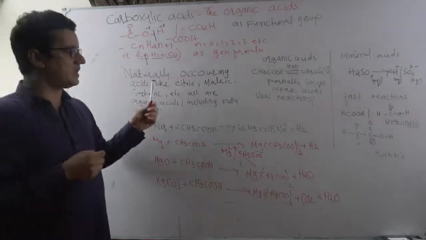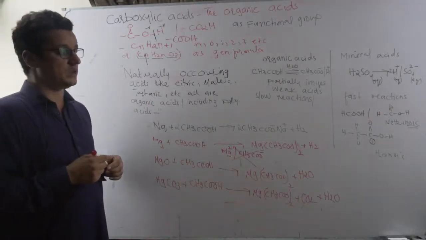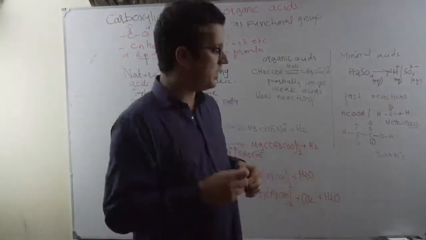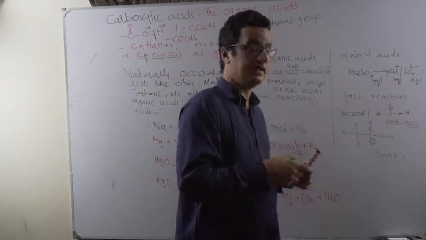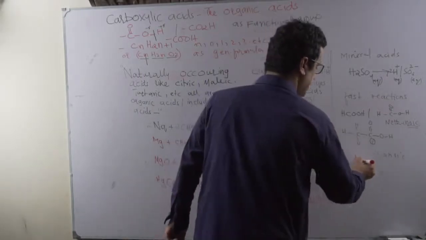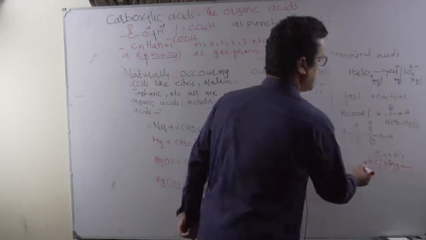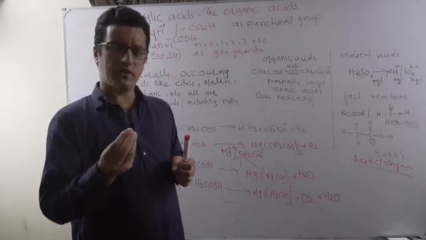I said they are naturally occurring, but many of them are also synthesized in industry. The most common carboxylic acid, the well-known premier member of the series with huge uses, is ethanoic acid. Another name for ethanoic acid is acetic acid or vinegar, which is largely used as a food preservative.